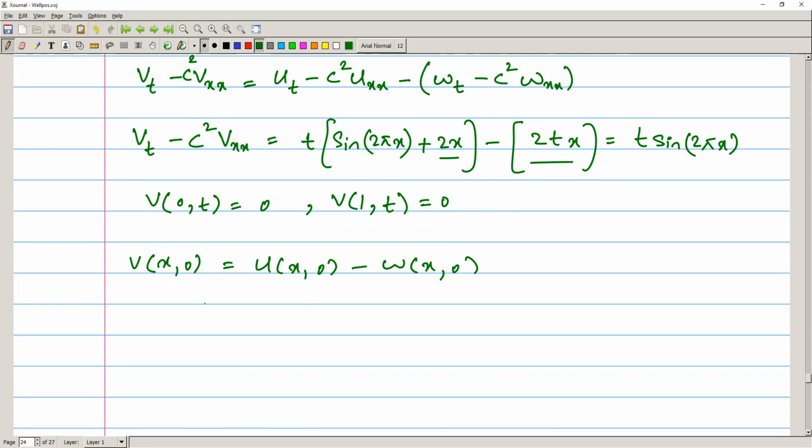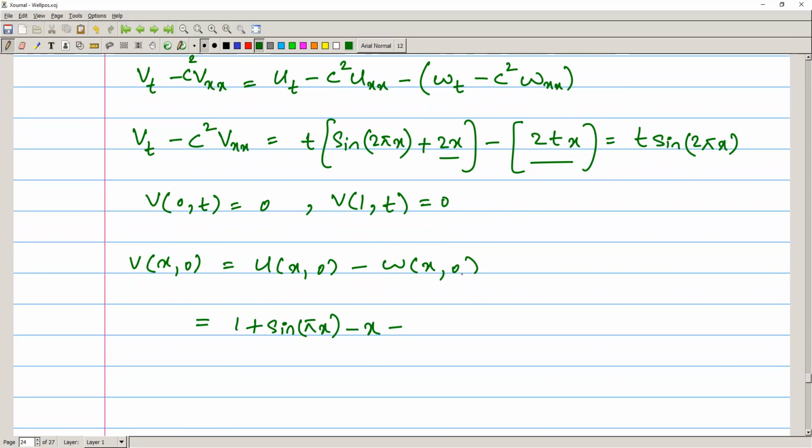All right, so here we can write u of x comma 0. So u of x comma 0 is given as 1 plus sine pi x minus x, and minus w of x comma 0.